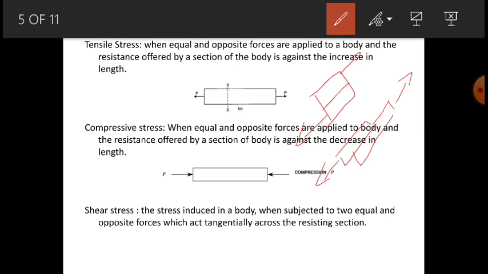The resistance per unit area offered by the body to that tangential force is called shear stress. In the definition, it is the stress induced in the body when subjected to two equal and opposite forces which act tangentially across the resistance section.